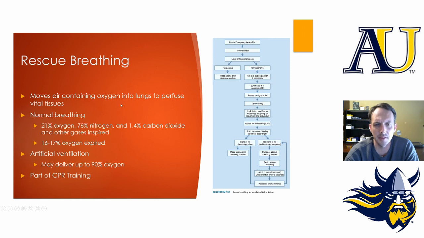So a couple of things to also look at with this is normal breathing. The air has about 21% oxygen in it, right? And then even when you expire and you breathe that air out, it still has 16 to 17% oxygen.